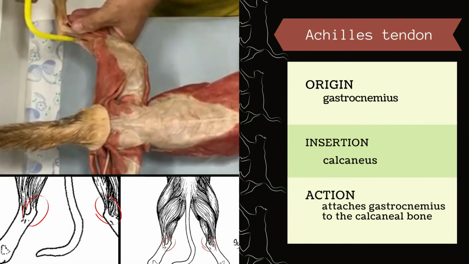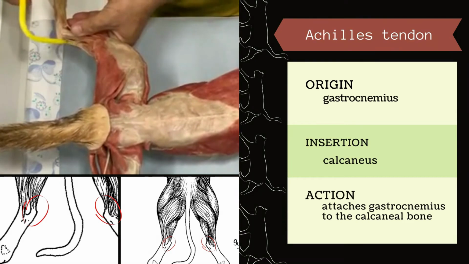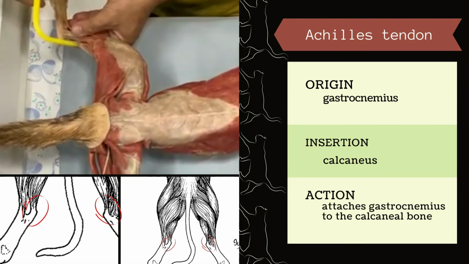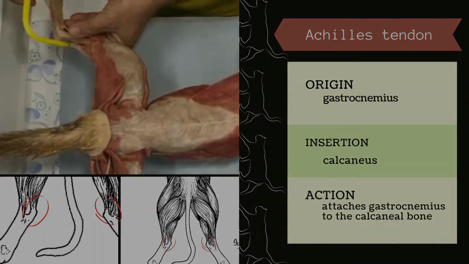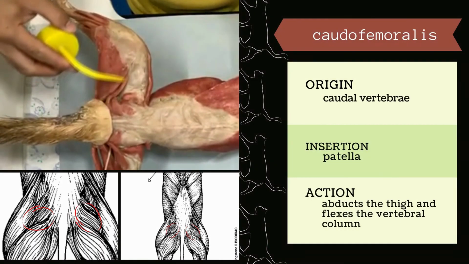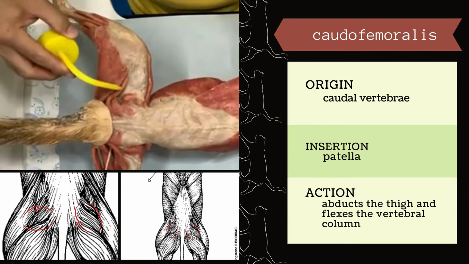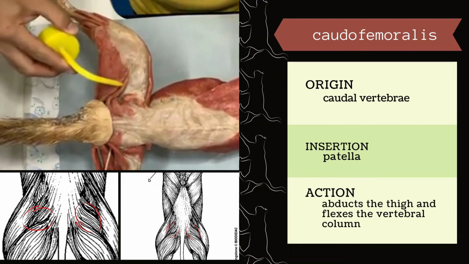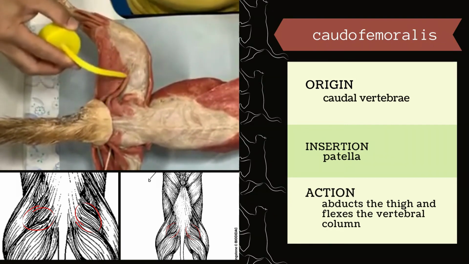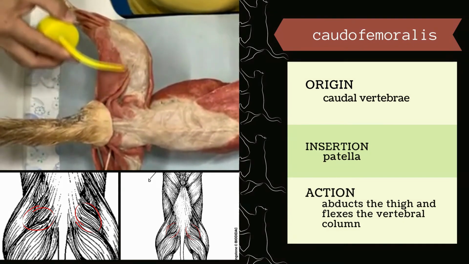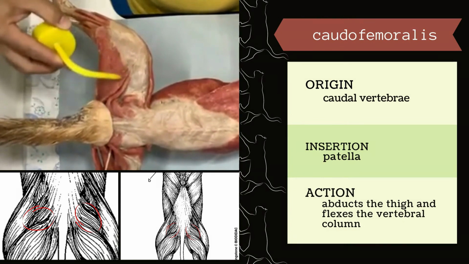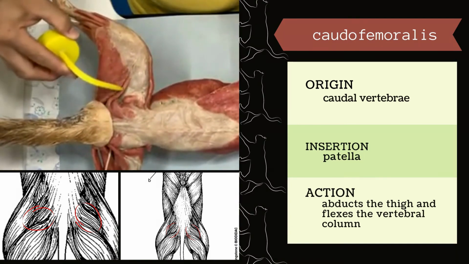It inserts into the calcaneus, and its action is to attach the gastrocnemius to the calcaneal bone. The last dorsal muscle of the cat is the caudofemoralis. It originates from the caudal vertebrae. It inserts into the patella, and its action is to abduct the thigh and flex the vertebral column.